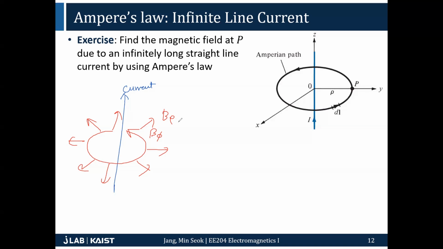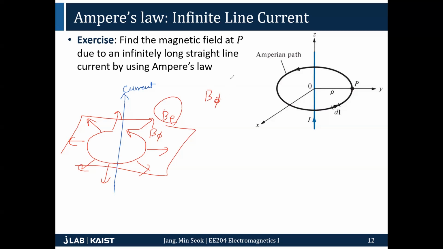But even though you flip the system with respect to the XY plane, B rho stays the same, which is a problem, right? So there's no B rho component allowed in the system. I hope everyone agrees with this. And now we know that this system can only have B phi.